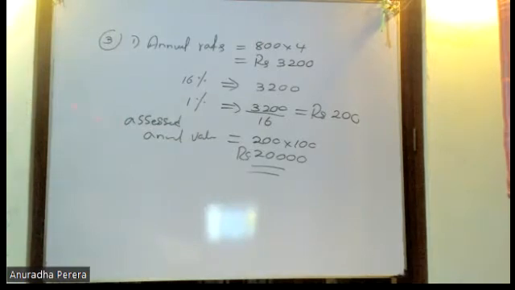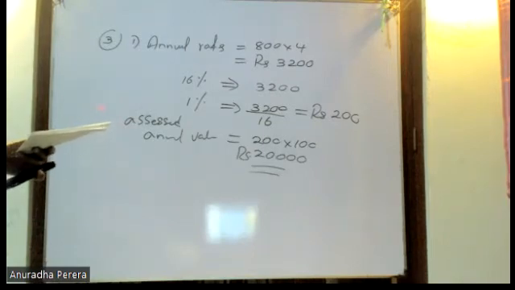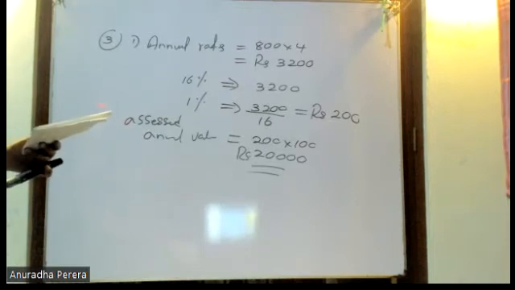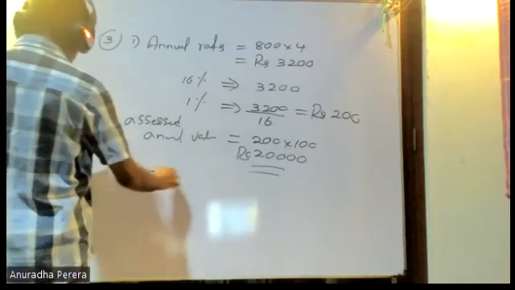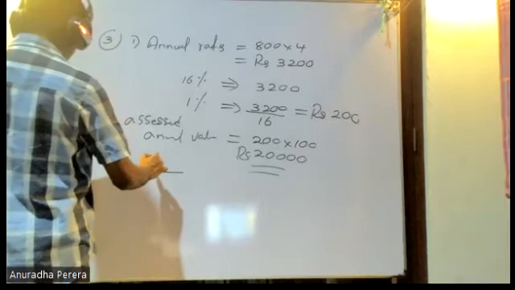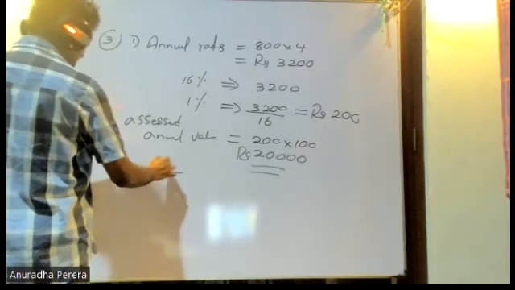Then the second one. The value of a refrigerator that is imported to be sold in the shop is 36,000. Customs duty of 8% is charged when it is imported. What is the value of the refrigerator after the customs duty is paid? Directly you can find it: 108 over 100.